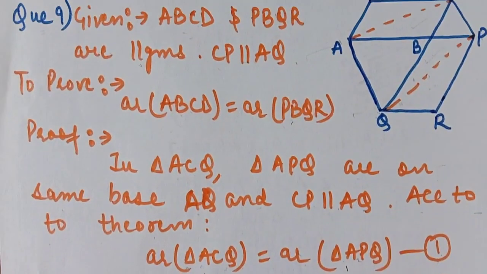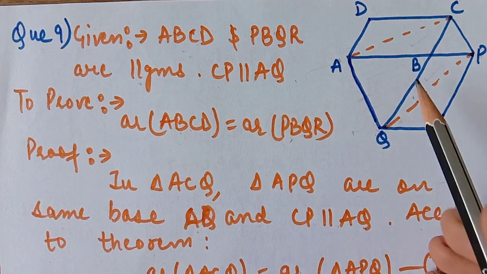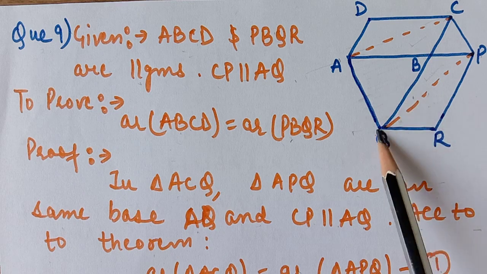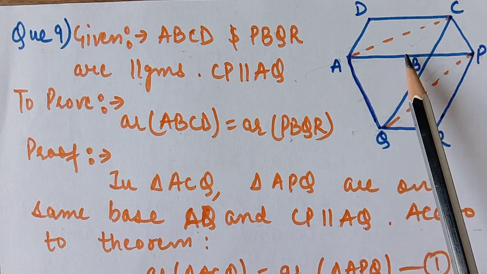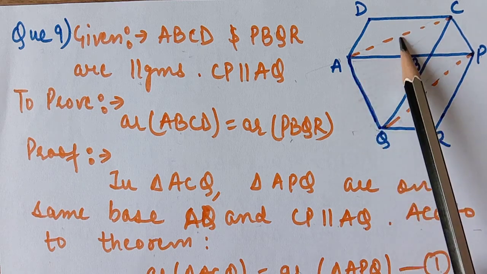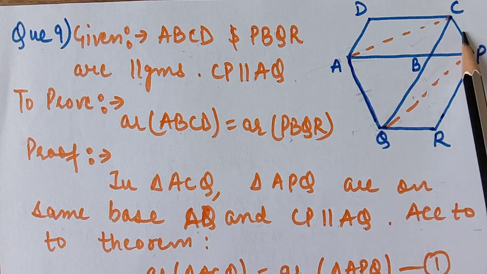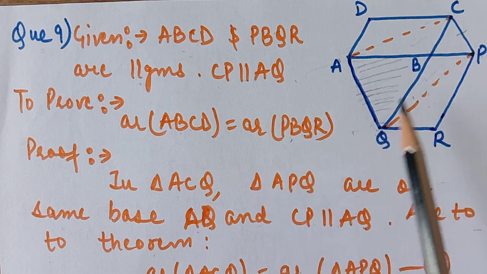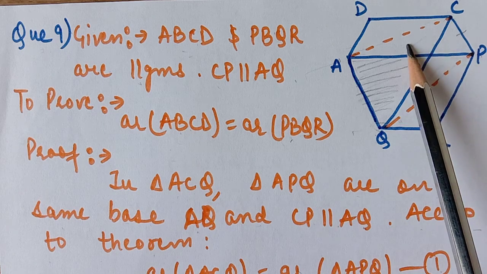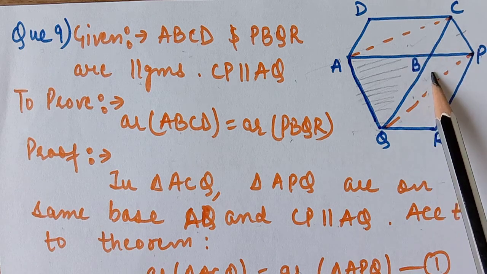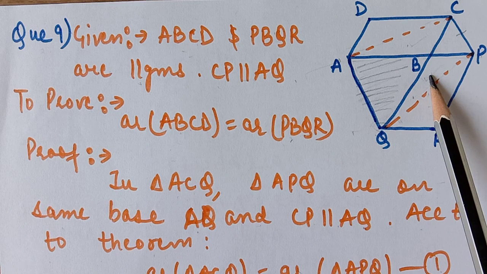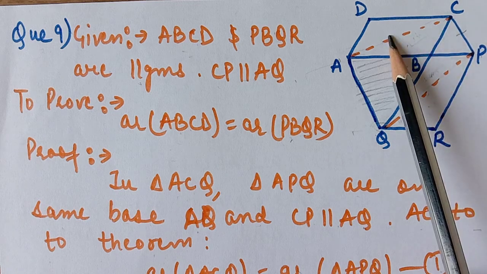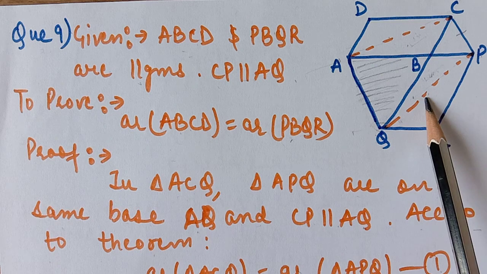How are they related to the parallelograms? If we check from your diagram, first of all we choose these two triangles, and their areas are equal because they are on the common base and between the same parallels. Then we subtract this area from both sides. So the remaining parts are the area of ABC and the area of PQB. These two triangles are present, the first in this parallelogram and the second in this parallelogram.